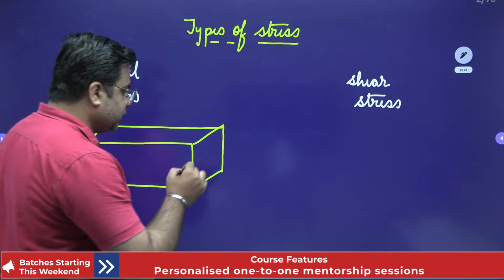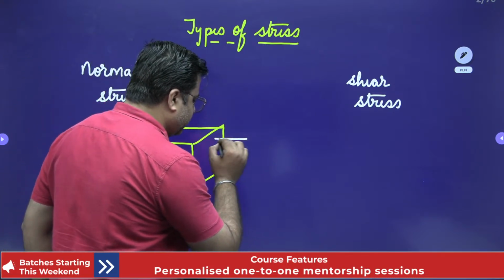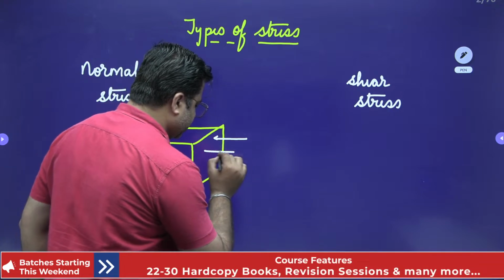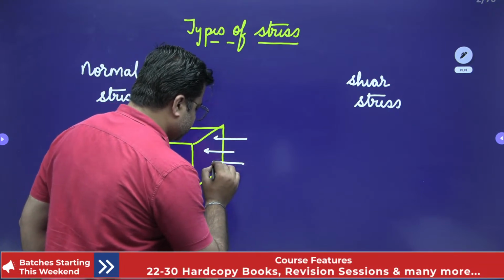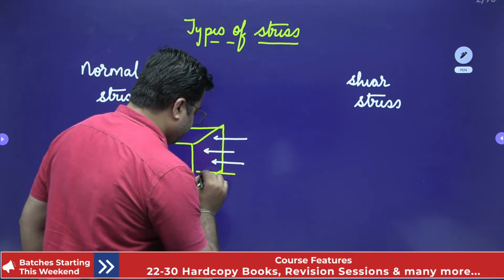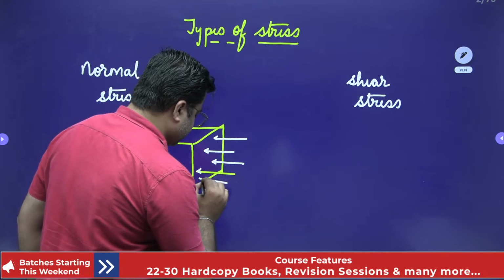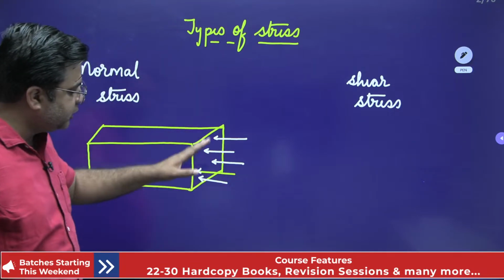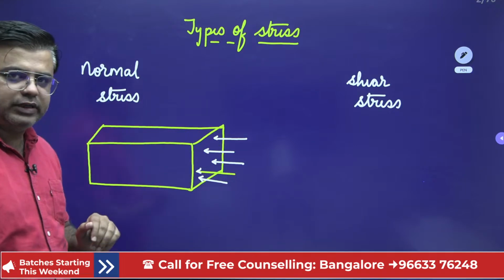If the stresses are acting perpendicular to the cross-sectional area, like this, then this type of stress will be termed as the normal stress, okay?